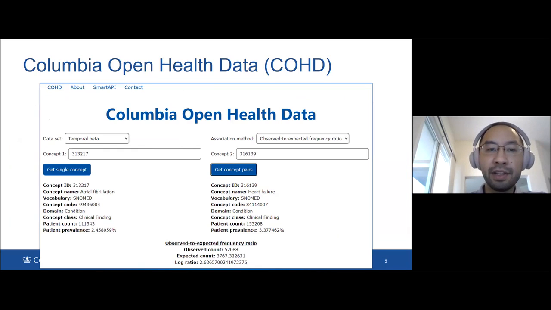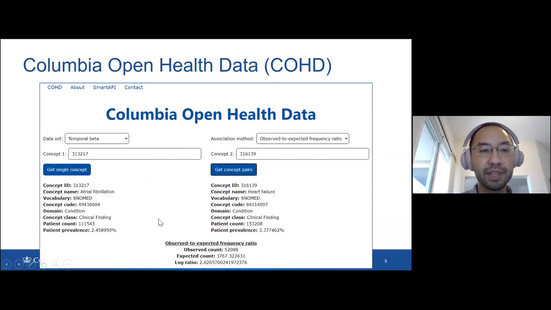So for example, in the web interface, users can search for pairs of concepts, and don't worry, you don't need to search for these concepts by ID. You can start typing in names like atrial fibrillation, and it'll autocomplete to search for those concepts for you. The information it provides will be, for example, the prevalence rates of each of the individual concepts.